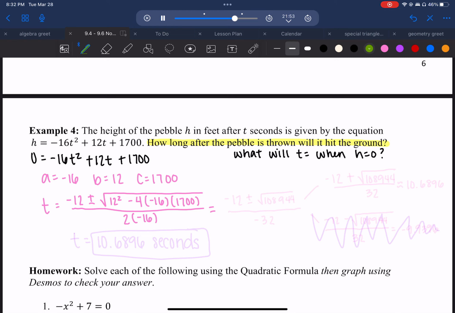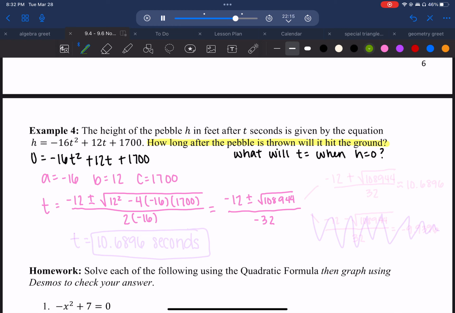And if you plug everything into your calculator, you get -12 plus or minus the square root of 108,944. That's a crazy number, all over -32.